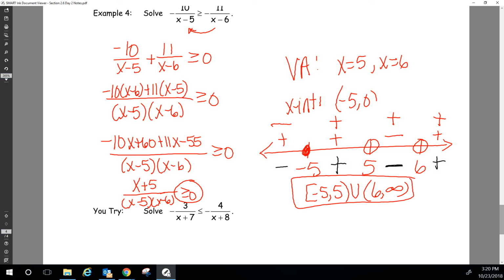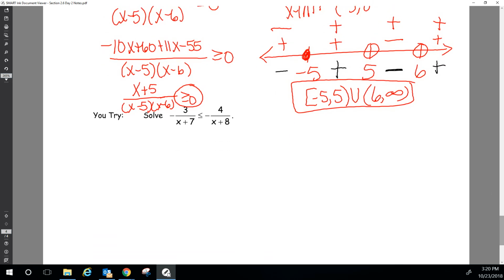All right, last problem for the U-try. Again, I'm going to move this guy over. My common denominator, hopefully you see, is x plus 7 times x plus 8. I'm going to multiply the negative 3 times the x plus 8. When I move it over, it's going to be positive 4 times the x plus 7.